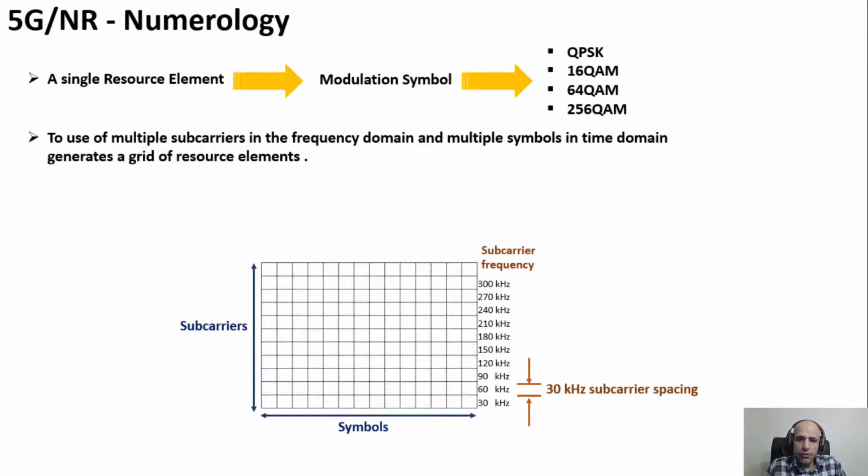The lowest row of resource elements within this figure uses a subcarrier frequency of 30 kHz, while the row above uses a subcarrier frequency of 60 kHz, and the row above that uses a subcarrier frequency of 90 kHz. The subcarriers are modulated and summed at the transmitter when generating the air interface waveform. The modulation and summing of subcarriers corresponds to an inverse fast Fourier transform, IFFT.